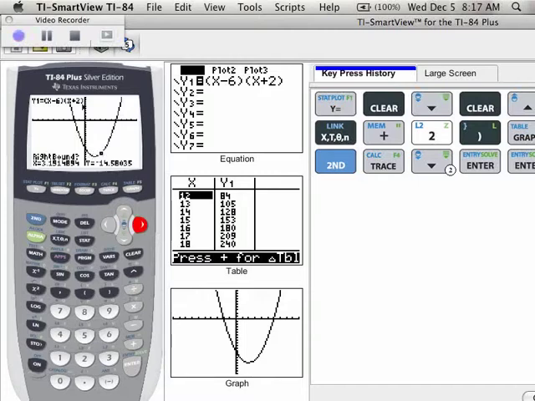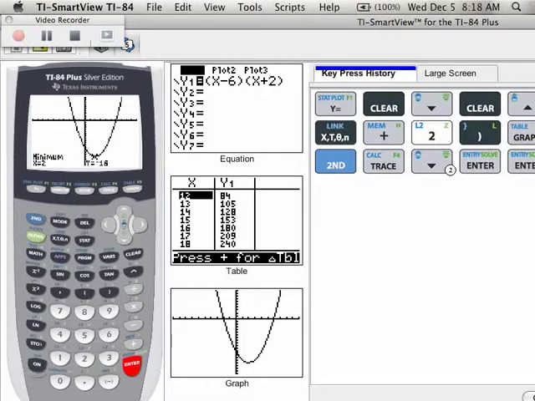And then once your blinker is to the right of that thing, you can hit enter. And then it says, where do you want to guess the bottom of this parabola is? So you just arrow to the left until you get to somewhere near the bottom of the parabola, and you hit enter. And what you'll see pop up on your screen is where the minimum value occurs.